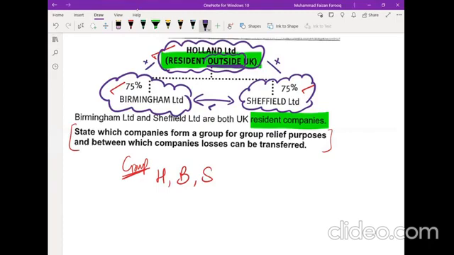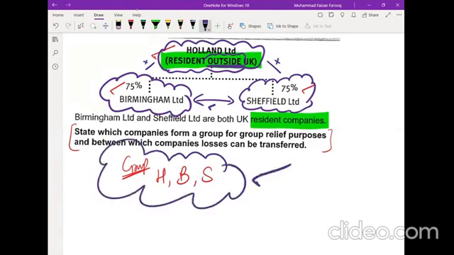Residents outside the UK can create a group, yes. If there is no Holland, there is no group, because Birmingham and Sheffield don't know each other. They don't have any direct holdings. So because of Holland, we created the group.